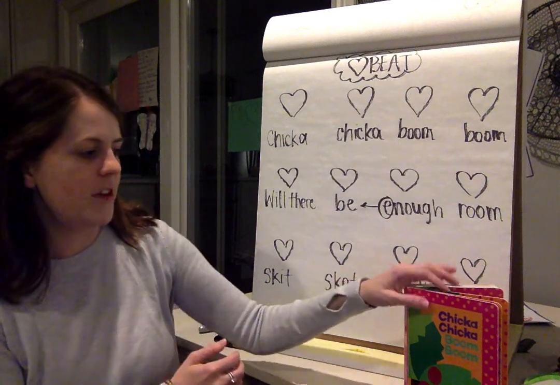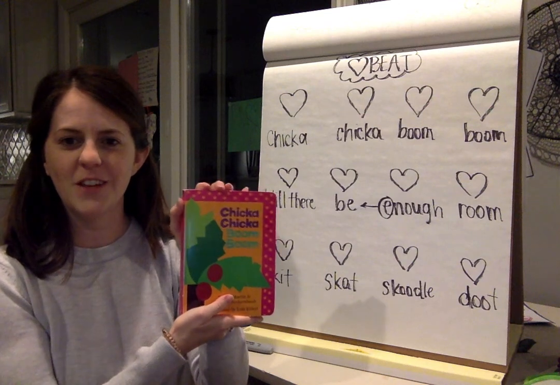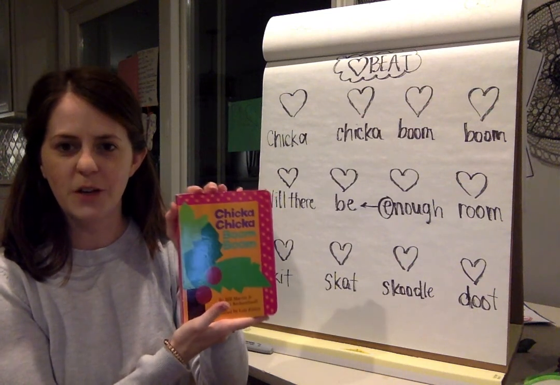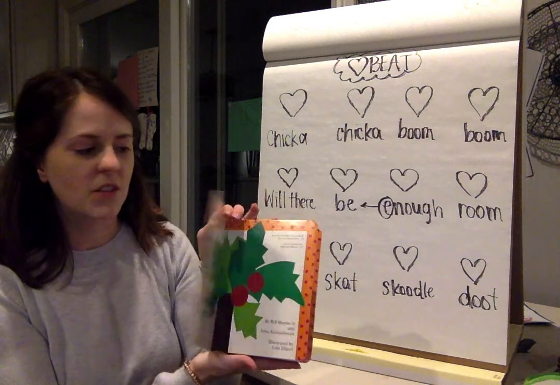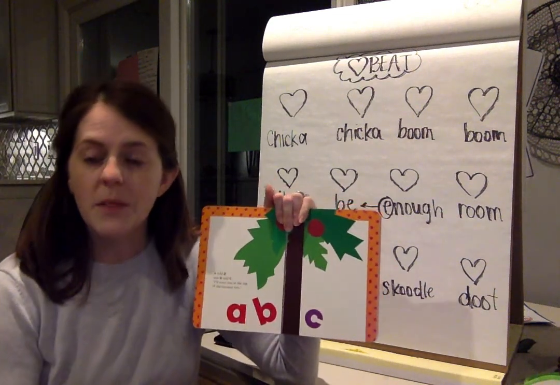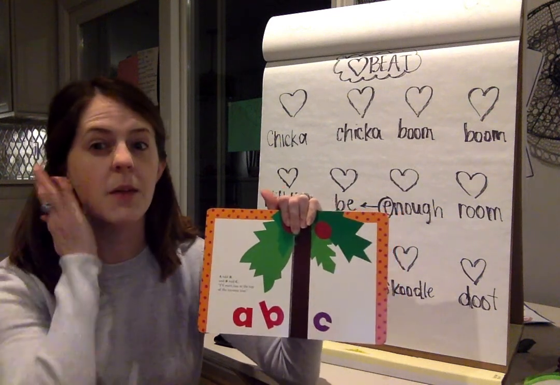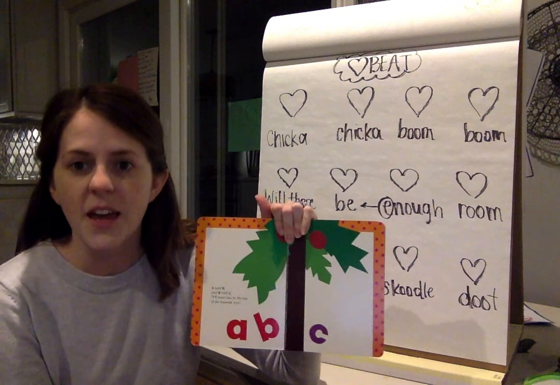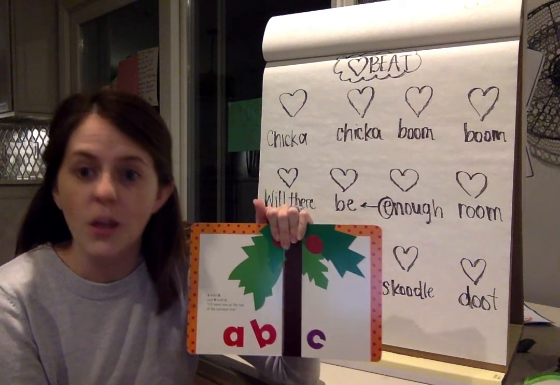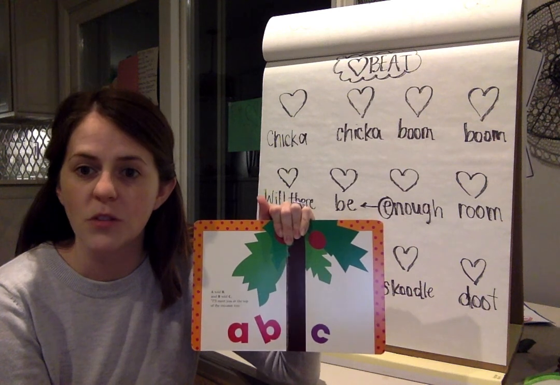So I have here my story, Chicka Chicka Boom Boom, which I bet a lot of you have already read before. We're going to use just parts of this story to help us learn more about finding the rhythm in a song, not just keeping the beat, because you guys are pretty good at keeping the beat. If you'd like to help me, you can get an instrument you have at home to help keep the beat while we read the first part of the story.